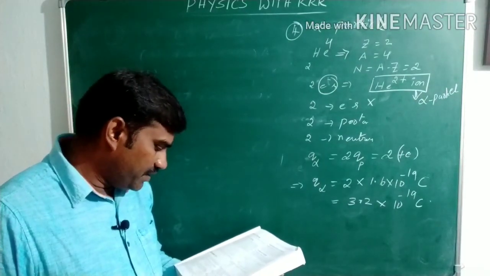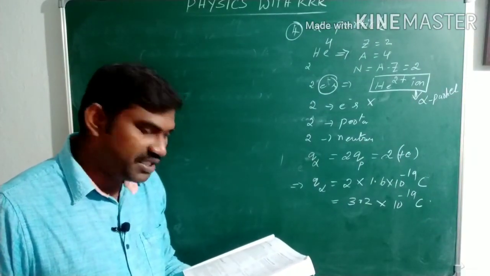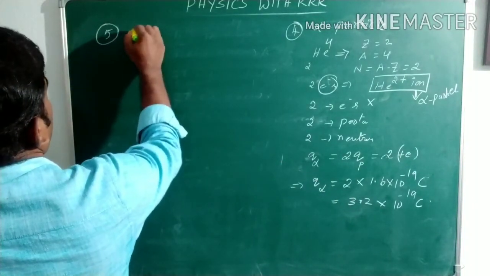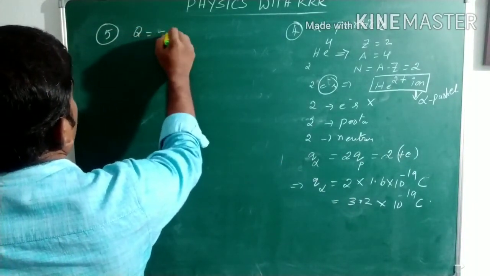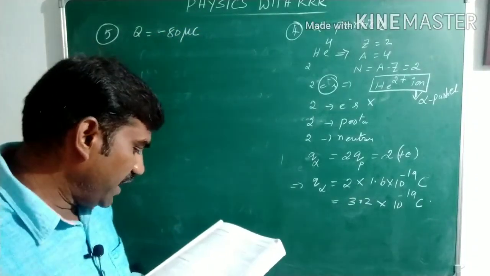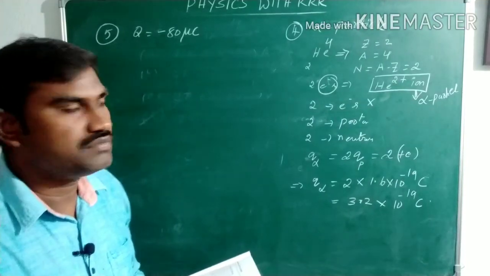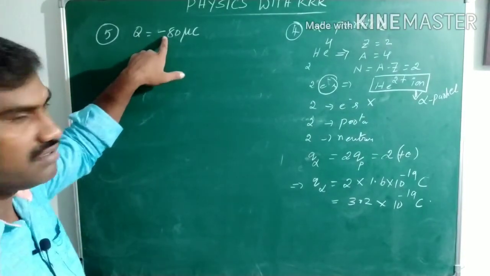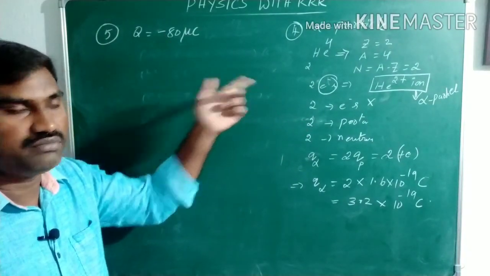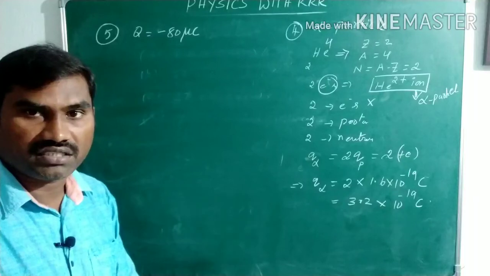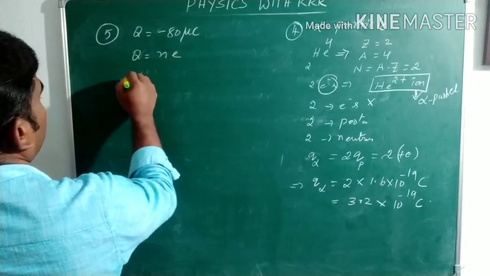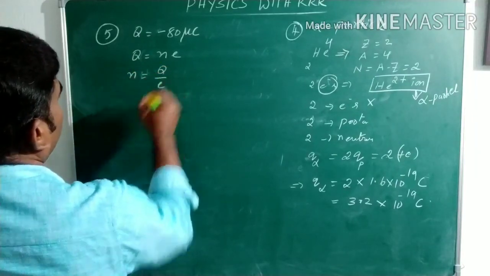Next question. A body has minus 80 microcoulomb of charge. The number of additional electrons in it will be? The body has negative charge, which means an excess of electrons gives the negative charge to the body. Now Q is equal to N e, so N is equal to Q by e.